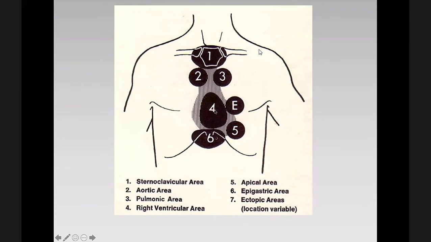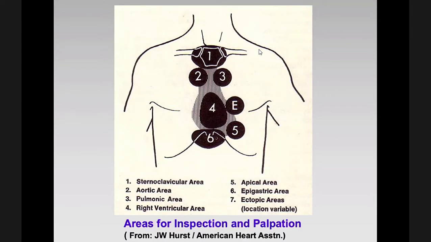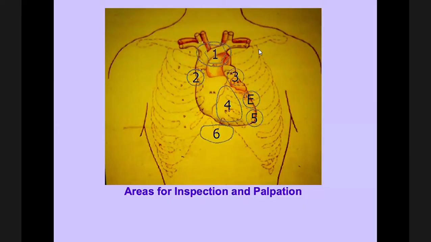And then you have your epigastric area, your apical area, this one, and your Erb's point for your ectopic area. So these are the areas where you will inspect and you will palpate for any pulsations or the presence of thrills or heaves.